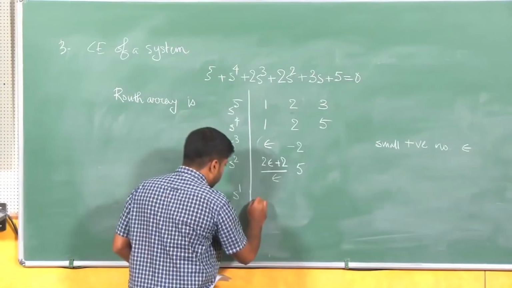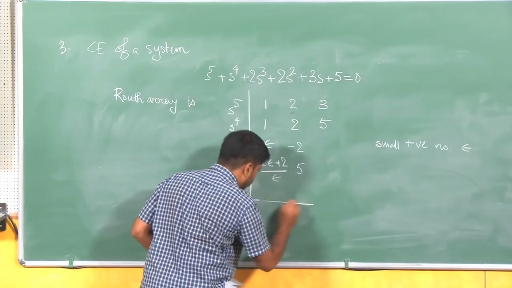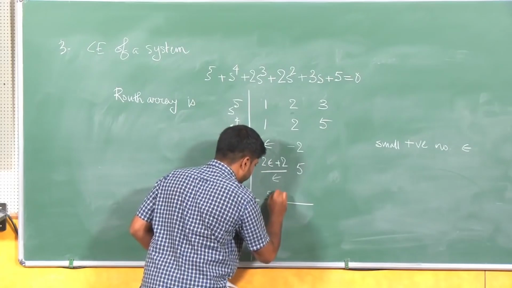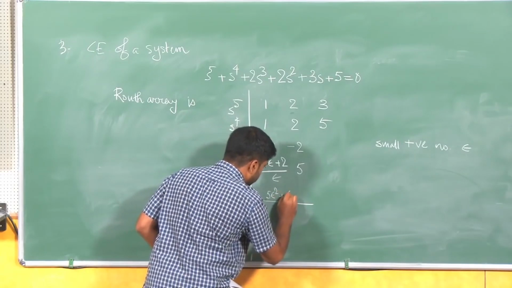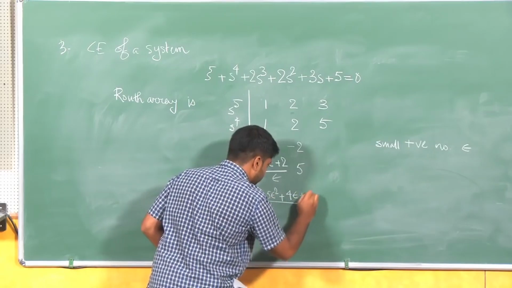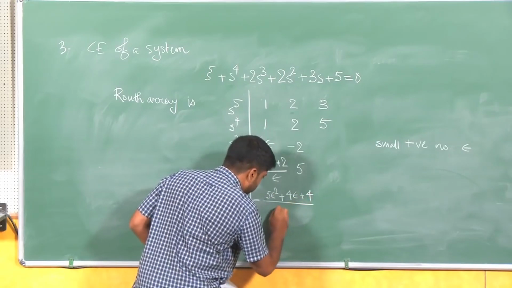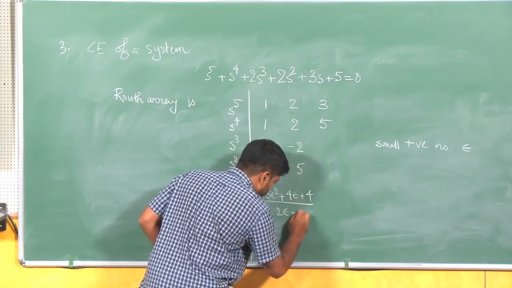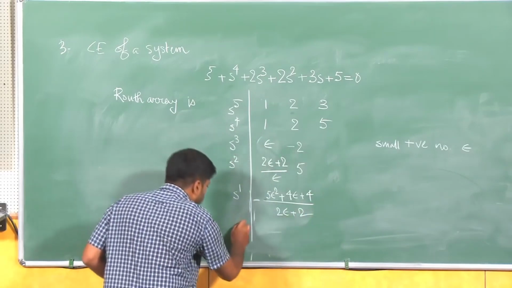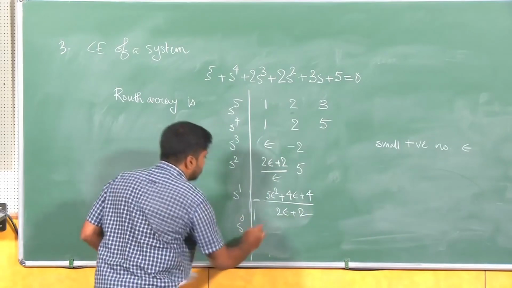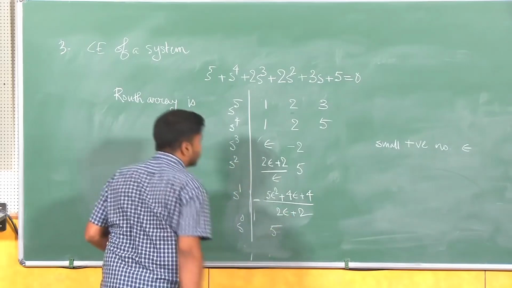So calculating, we find this will be 5 epsilon square plus 4 epsilon plus 4 by 2 epsilon by 2, and s to the power 0 it will be 5.